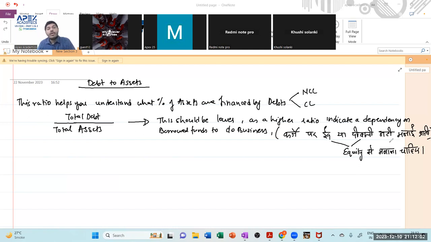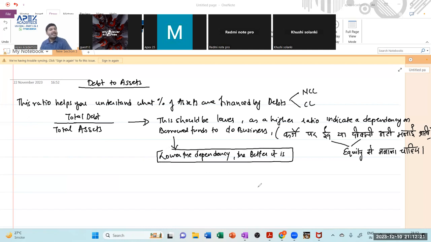So, although borrowings are essential, you need to understand that lower the dependency, the better it is. Why? Because at the end of the day, you have to repay this money to outsiders. Kab tak you will take money from outsiders? You have to have your own sources of funds.